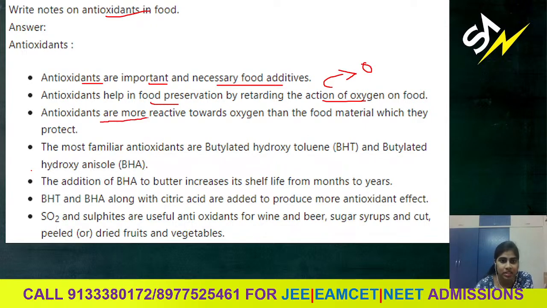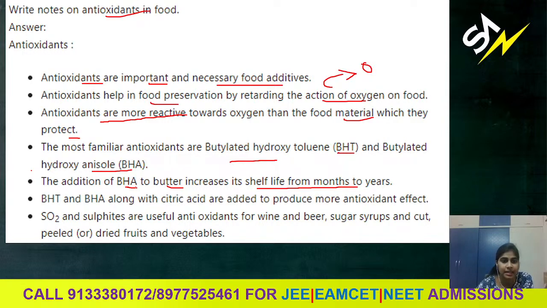These antioxidants are more reactive towards oxygen than the food material which they protect. The most familiar antioxidants are butylated hydroxytoluene, that is BHT, and butylated hydroxyanisole, BHA. These are used for storing food. Adding BHA to butter increases its life from months to years, meaning it cannot be spoiled very easily.